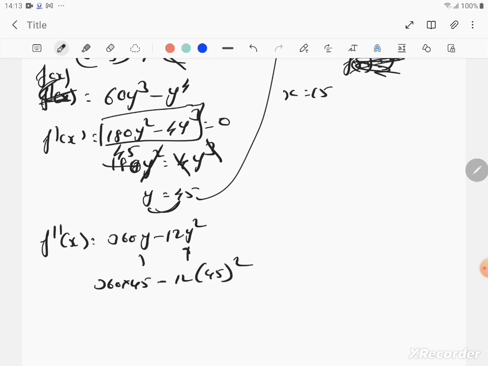You just have to think whether this is going to be positive or negative. That's all. Okay, but I can take a 45 out. I can also take a 12 out.